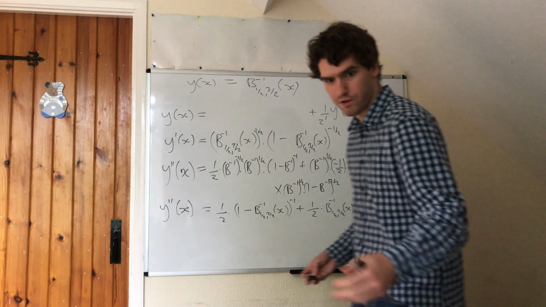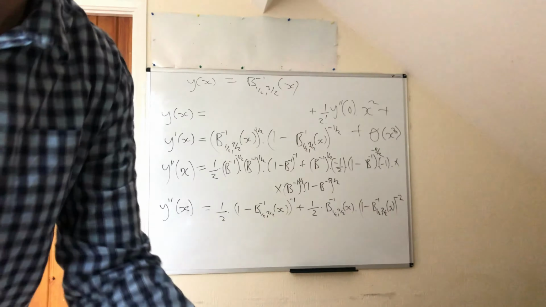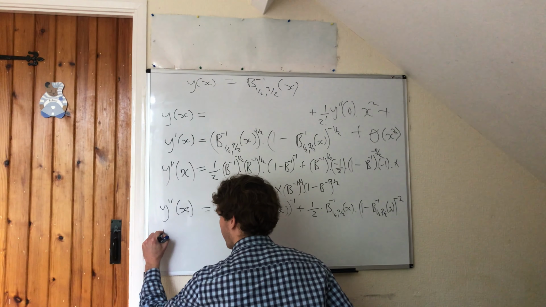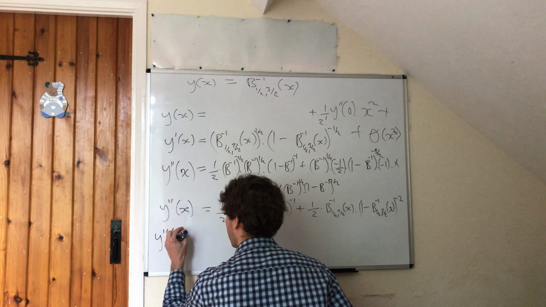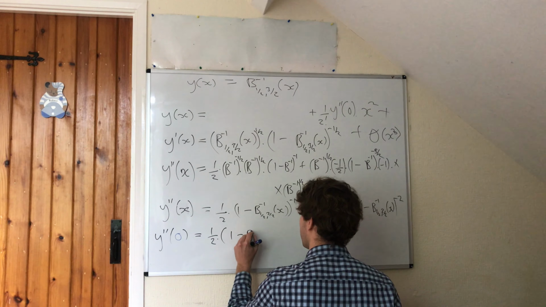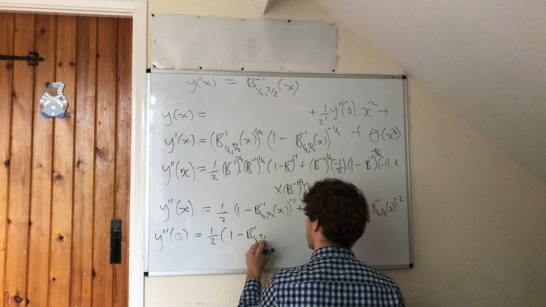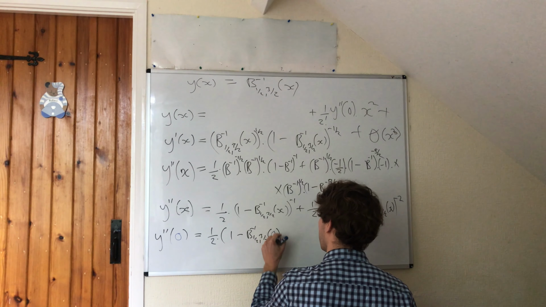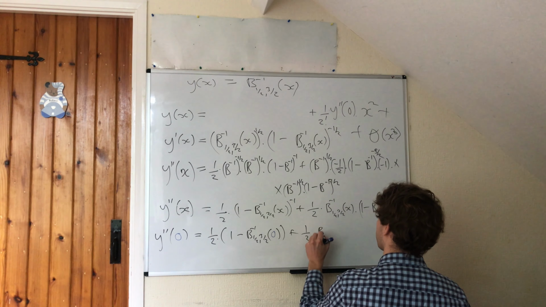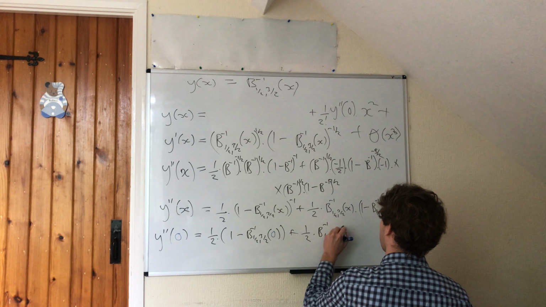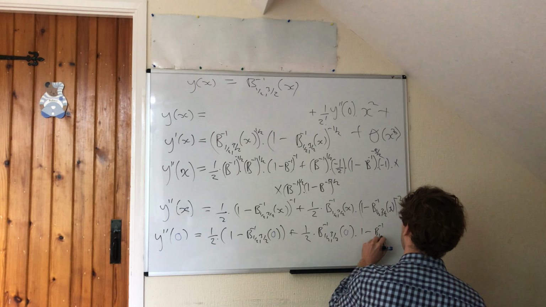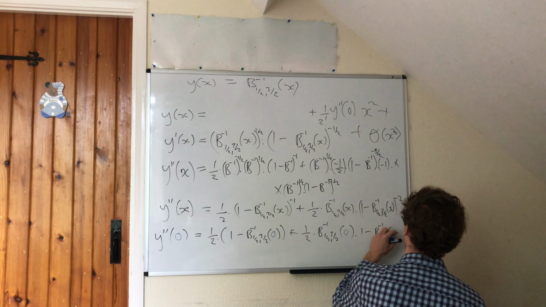Okay, now we're ready to actually put our number in, and I'm going to do this black pen, red pen style. So we have y double prime of 0 is equal to a half 1 minus inverse incomplete beta function of 0, plus a half times inverse incomplete beta function of 0 times 1 minus inverse incomplete beta function of 0.